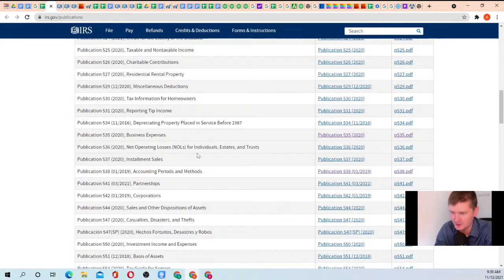The tax experts usually look directly into legislation. These publications are built by the IRS on the basis of tax legislation to make it more understandable to a regular person. We took a look at publication 535 and publication 538, and as part of the homework we are working on our tax memo.